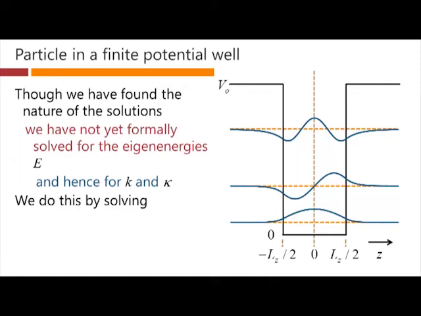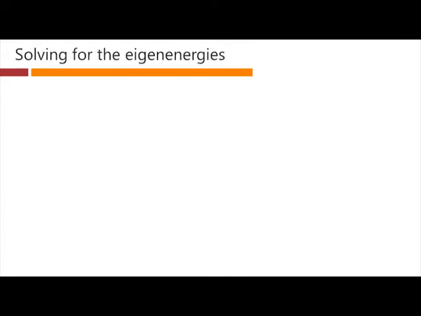We're going to find E by solving these equations. Now, these equations don't solve in a simple analytic way, but we can still solve them. At least we could solve them numerically, and there's a nice graphical way of looking at the solutions of these equations. So let's solve for the eigenenergies.